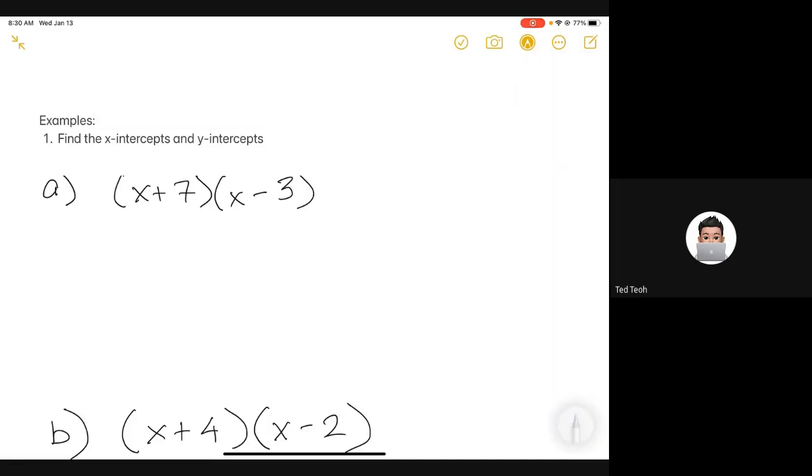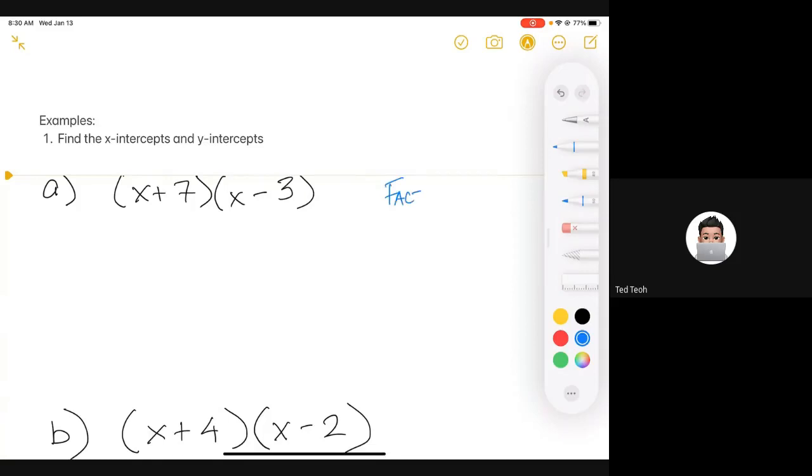You might not be able to tell right away, but this question is in factored form, because I have two brackets. So when the question's in factored form, it gives me the x-intercepts. The x-intercepts are just going to be these two numbers.